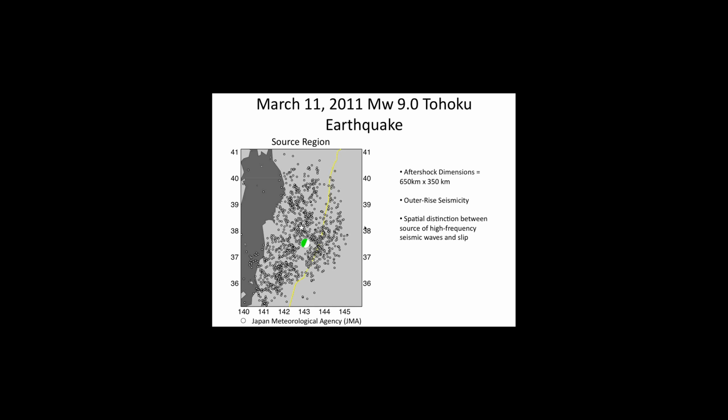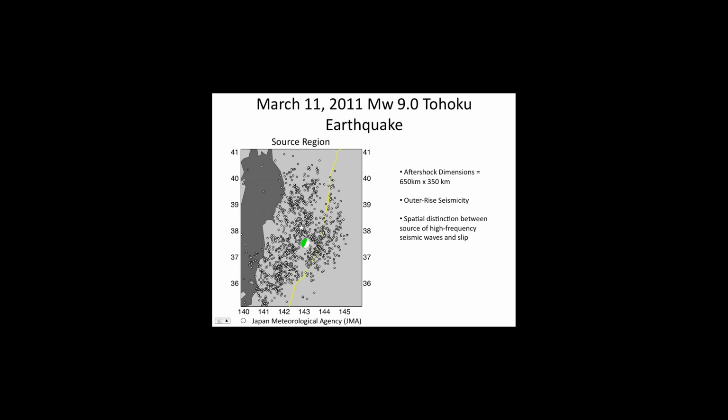So now we'll focus in on the actual source region. In terms of the aftershock dimensions, you're talking about 650 kilometers long, so similar to the Chile earthquake, but in terms of the width, it's much wider, almost 350 kilometers. You had vigorous outer rise seismicity for this event, and multiple studies have argued that you have this spatial distinction for this event where the source of high frequency seismic waves were spatially distinct from the actual slip that occurred during the event.